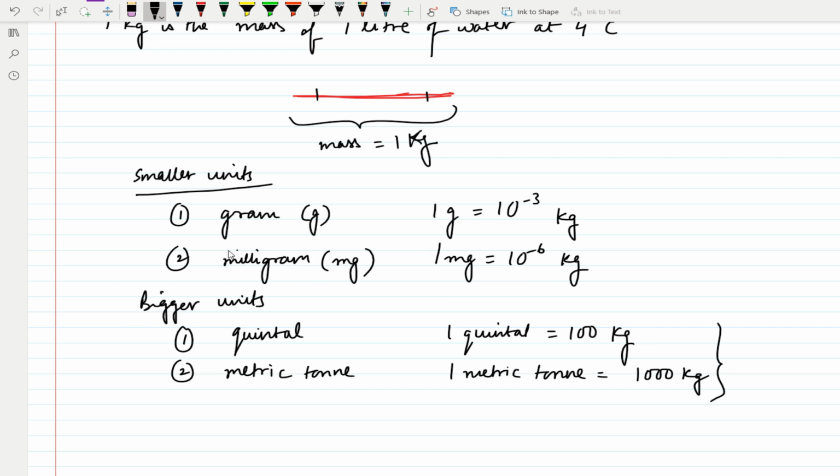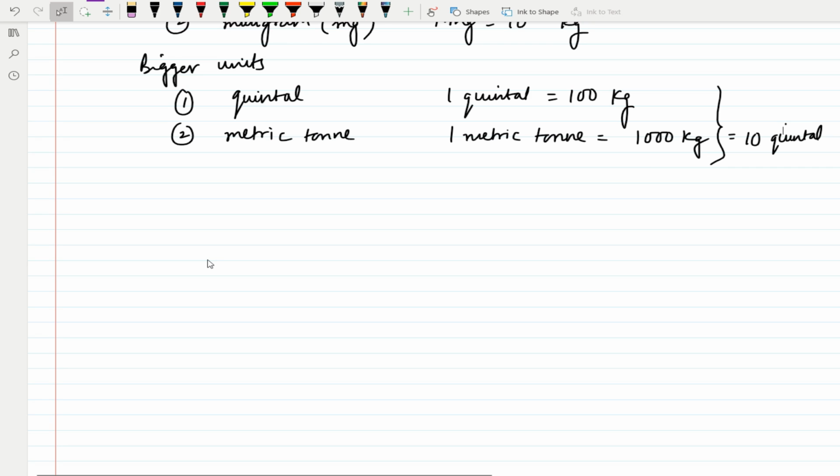Now if you see these two, you can say 1 metric ton is equal to 10 quintal also. Now we come to the non-metric unit of mass. Remember, you'll have to remember all these units, all these subunits, all these bigger units, smaller units.